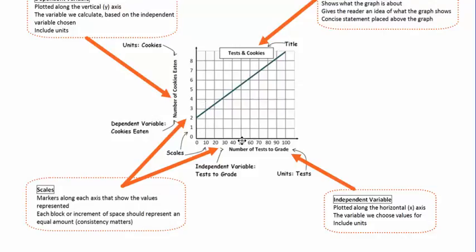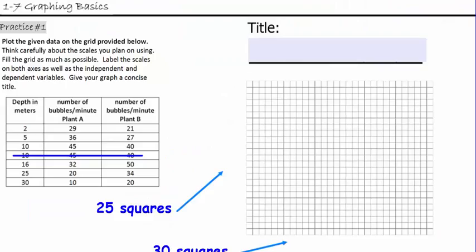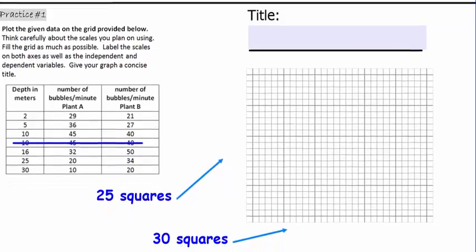Across the bottom, I needed to show more. I needed to go up to at least 100, so I couldn't count by 1. This time I counted by tens: 10, 20, 30, 40, 50, and so on.